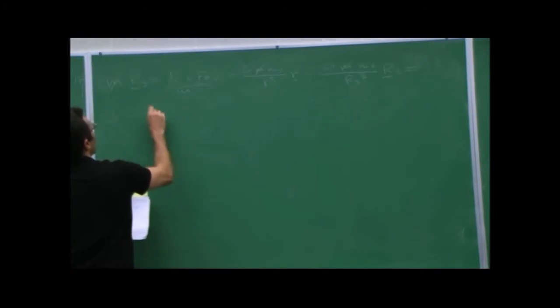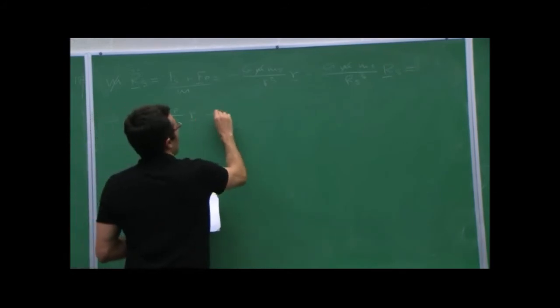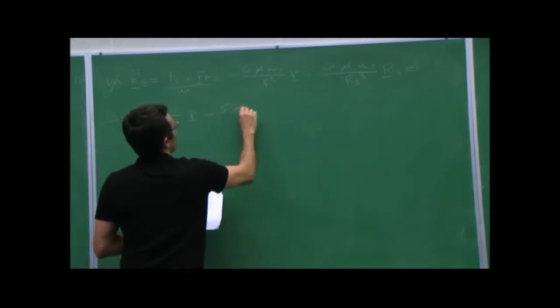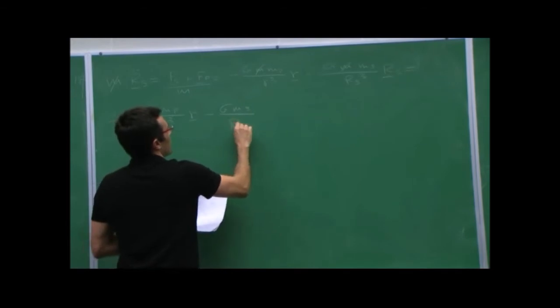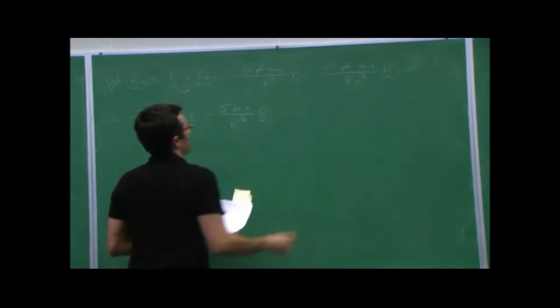Again, I am inside the sphere of influence. I want to compute the radius of the sphere of influence. I have minus G m of the planet over r cubed r, minus G m, mass of the sun, over, so this just becomes big R, right?